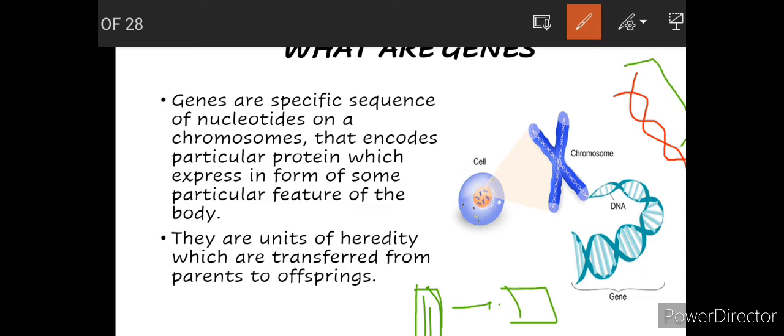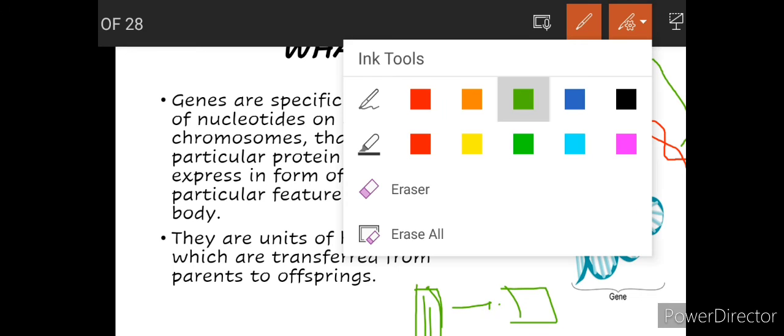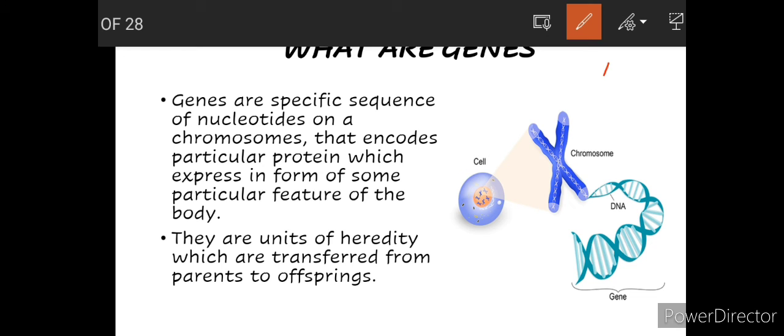Like that, when we have to make a human, DNA is our map. So this is DNA.